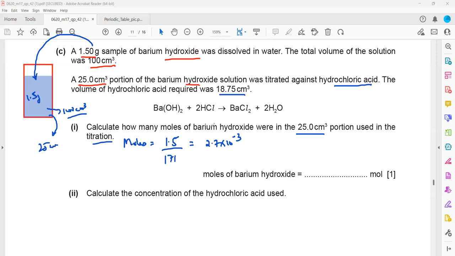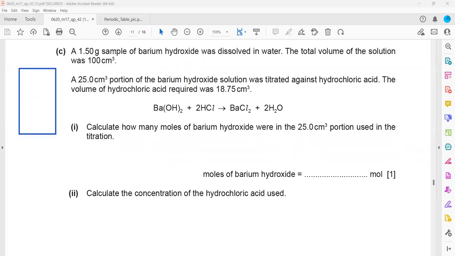So what is the meaning of titrated? It means it is reacted. Like what we did in this experiment, we made a solution of barium hydroxide, which is 100 cm3 and contained dissolved barium hydroxide.